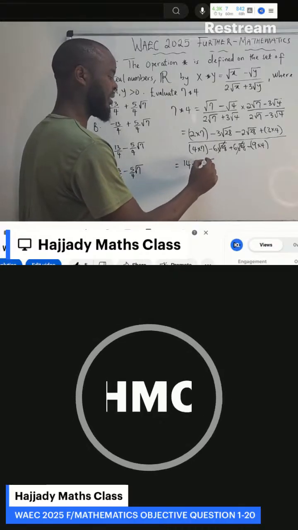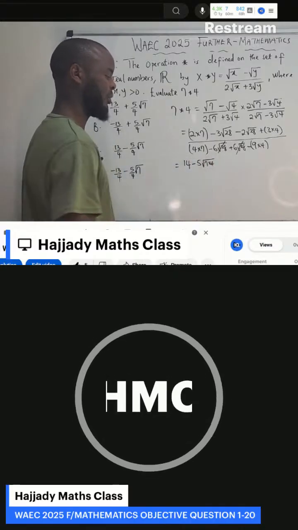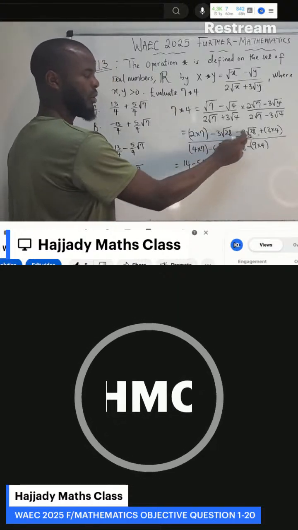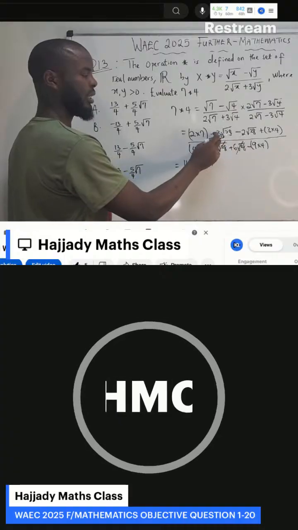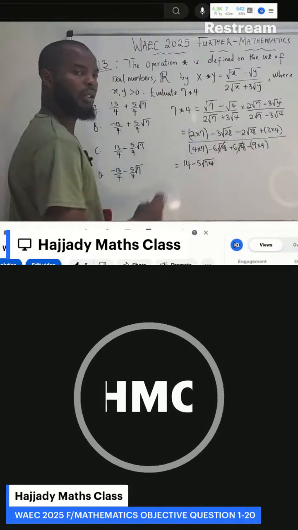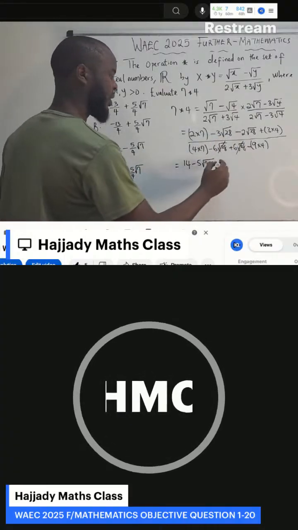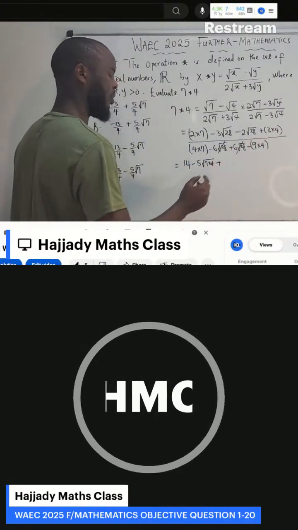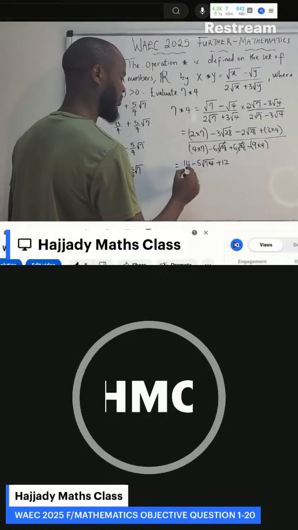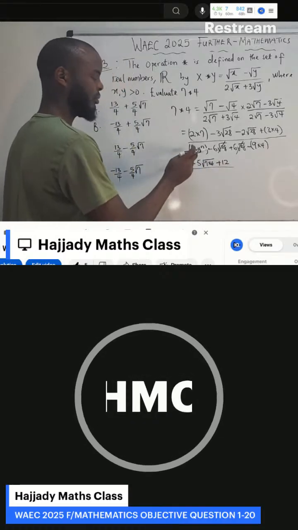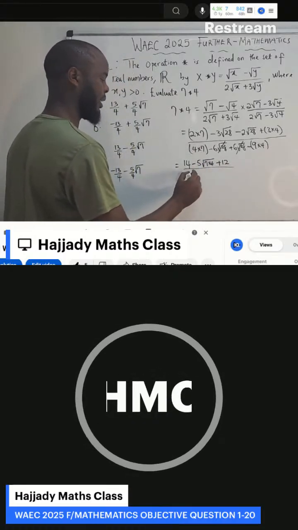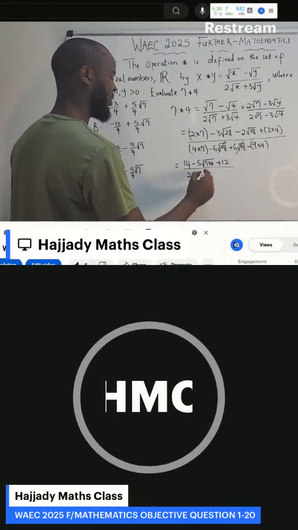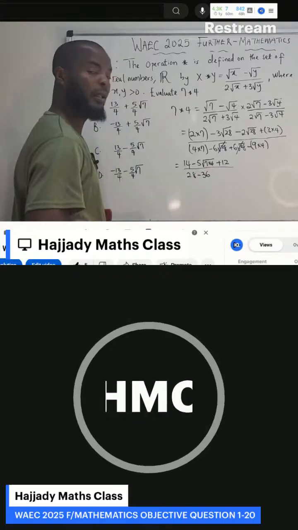Don't forget, root 28 is the same thing as 7 times 4. These are just coefficients. So you can add up the values together. So plus 3 times 4, which is 12, divided by 4 times 7, 28, minus 9 times 4, which is 36.